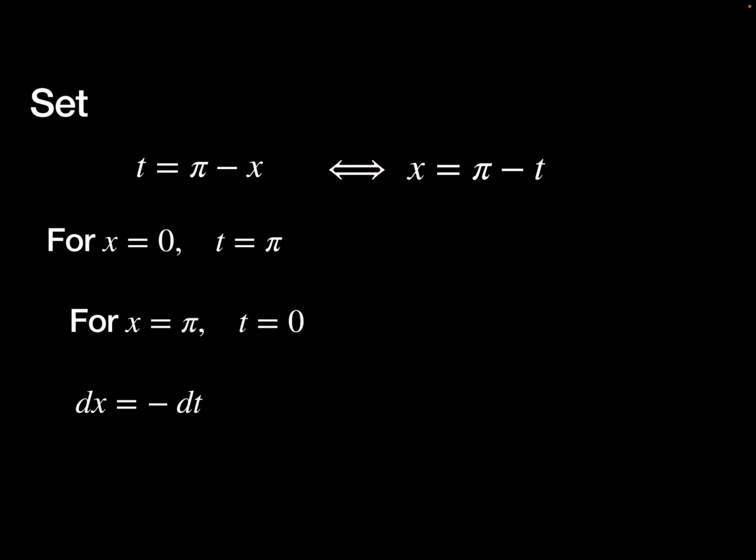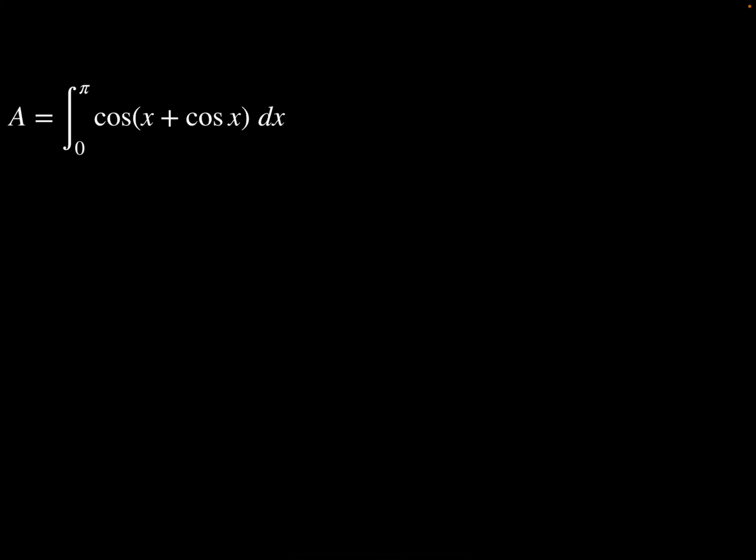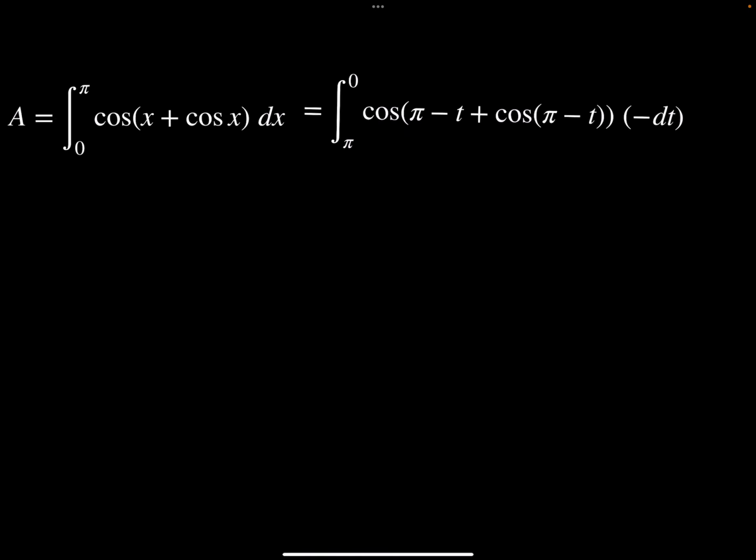Now, let's compute the value of A. So let's recall that A is equal to the integral from 0 to pi of cosine of x plus cosine of x dx. Now, I'm not just adding the two cosines. One of the cosines is actually inside the other cosine. So this is equal to the integral from pi to 0 of cosine of pi minus t plus cosine of pi minus t, times negative dt.